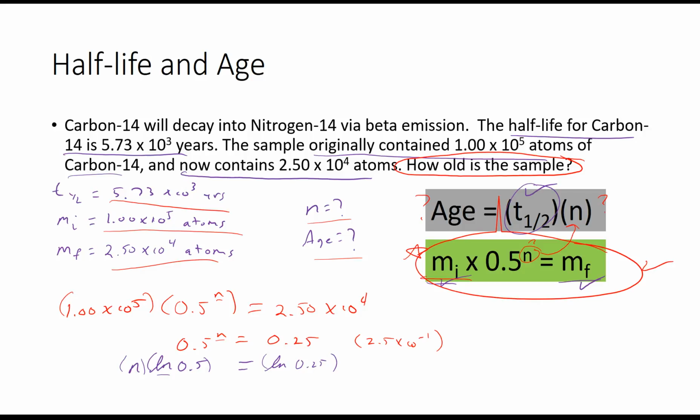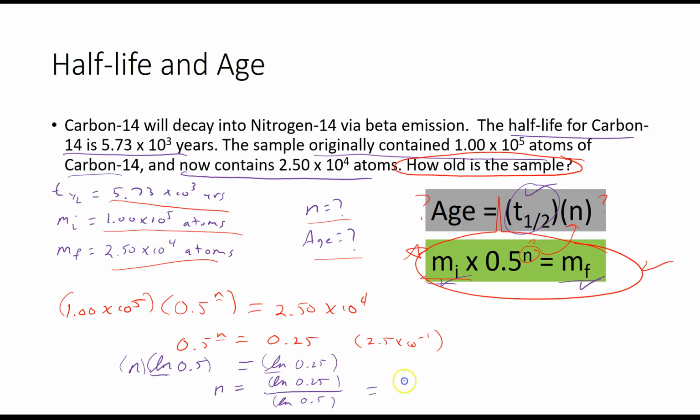Again, to bring this n down and make it its own variable that's not attached to that 0.5, in order to bring it down as a multiplier, I need to use this natural log button on my calculator on both sides of the equation. So now I can solve for n by going the natural log of 0.25 over the natural log of 0.5.